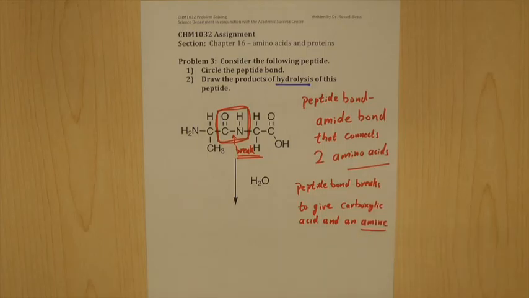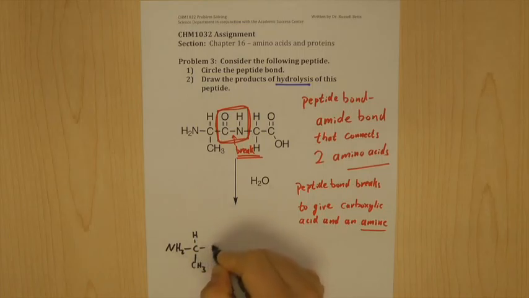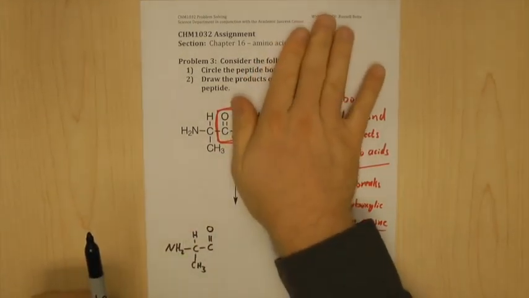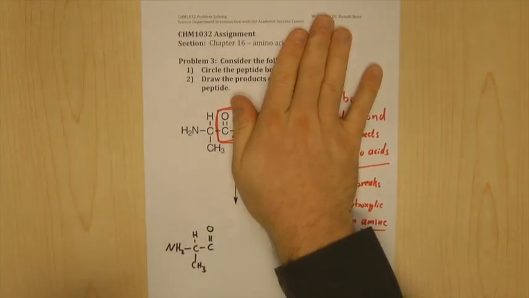Okay? So we're going to break that peptide bond. We're going to get a carboxylic acid and an amine. Okay? So that's all from here. Everything I've drawn right there comes from there.